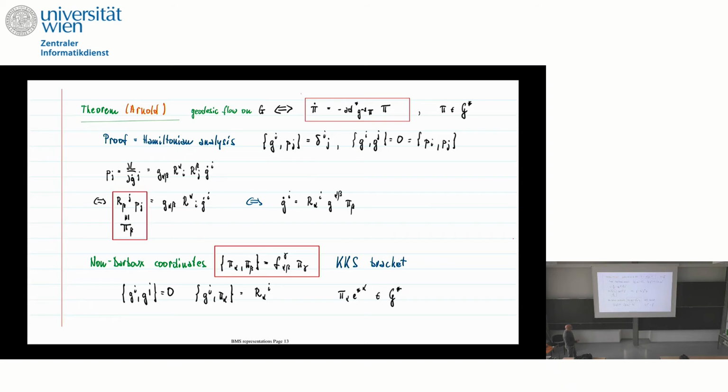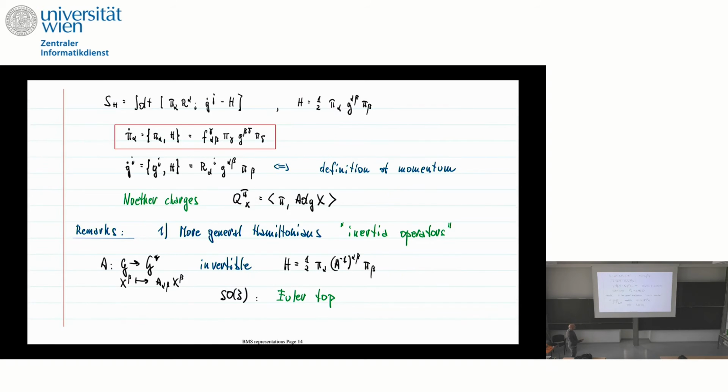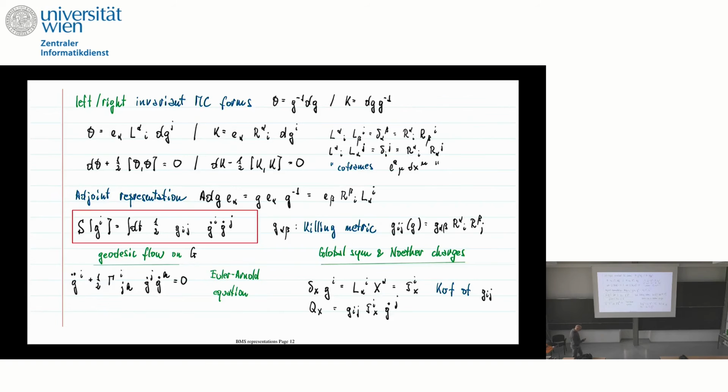You just do the computation and you find from the properties of R that the Poisson brackets of these dressed momenta are determined in terms of the structure constants of the Lie algebra. And if you think about these pi's as coordinates on G star, this is the famous Kirillov-Kostant-Souriau bracket that you get here just from the canonical analysis. So if you work in non-Darboux coordinates, this is the non-trivial part of the bracket.